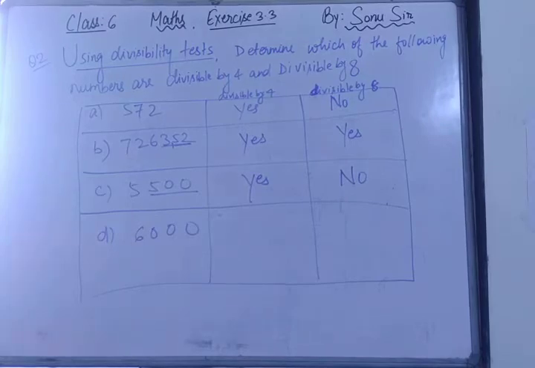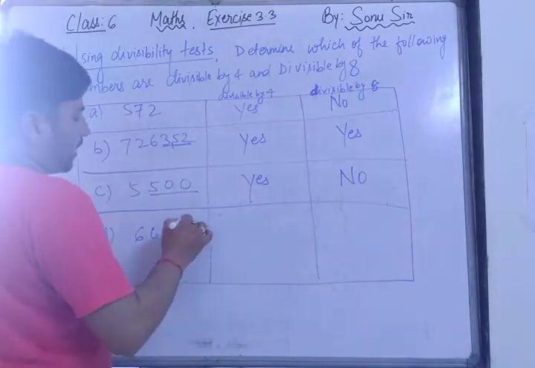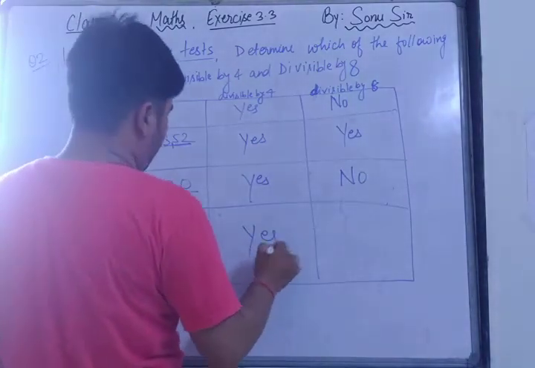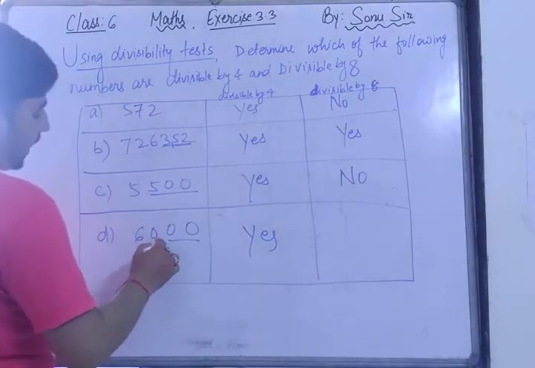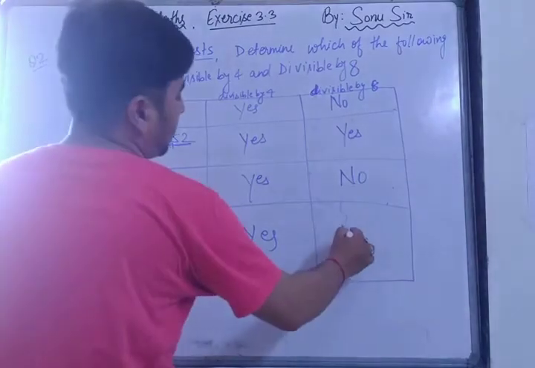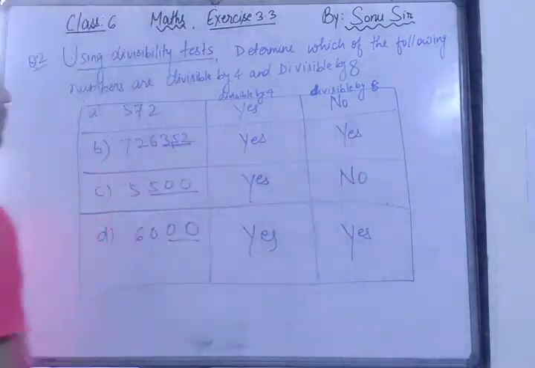These 2 digits are 0, so definitely it will be divisible by 4. What about 8? 8 8s are 64, 8 7s are 56, 8 5s are 40. So yes, this is also divisible by 8.